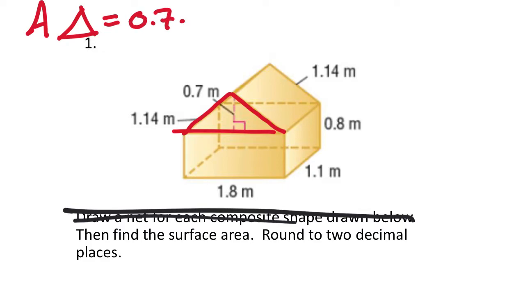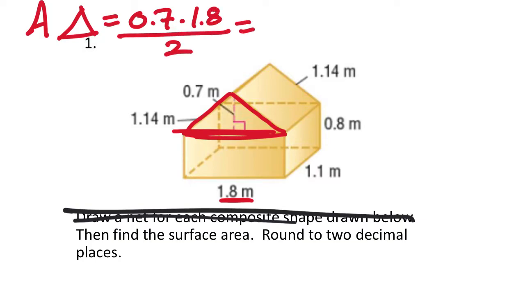And the base length there, that's this 1.8 meters right there, okay? So 0.7 times 1.8, but I do need to divide this by 2 because it is a triangle. So the area of one of those triangles, 0.7 times 1.8 divided by 2, now I get 0.63. And some of you say, well, we got this other triangle that matches it on the back.